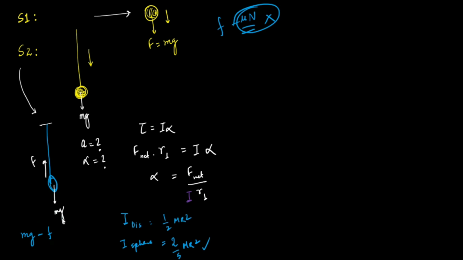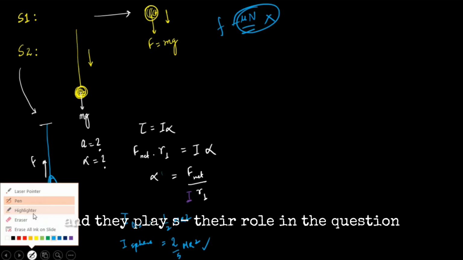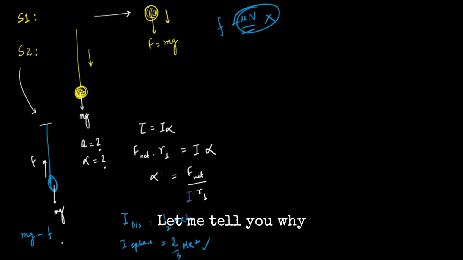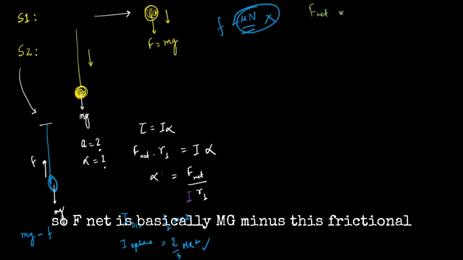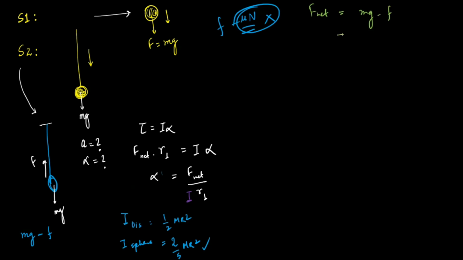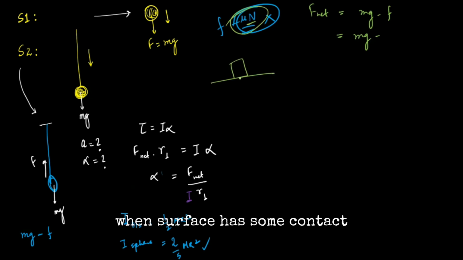Let me tell you. That's why I was saying there are a few things that sometimes you don't remember, and they play their role in the question. Let me tell you why. F net is basically mg minus this frictional force, which is F. Now what can this F be? First of all, it cannot be mu times N, because that friction will only act when surfaces have contact.